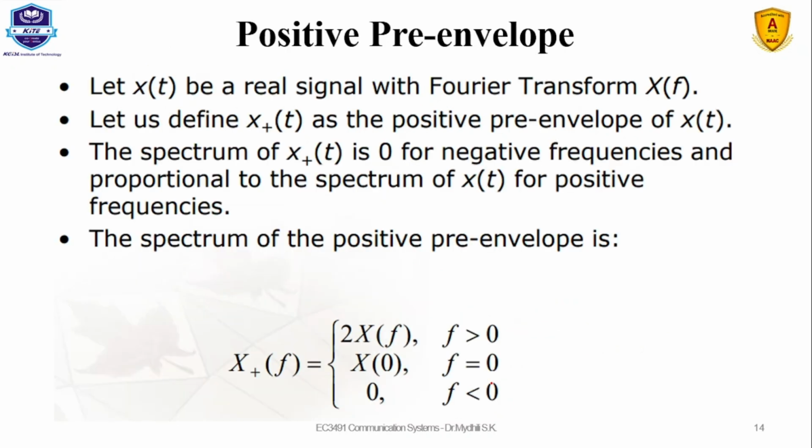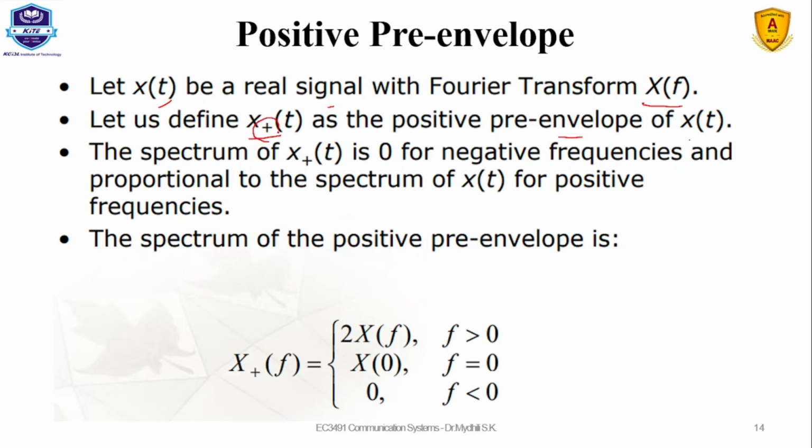What is our next topic? It is the positive pre-envelope. What is a positive pre-envelope or spectrum? We will see here. Let us consider x of t to be a real signal with the Fourier transformation x of f. So if x of t is a function, its Fourier transformation is x of f. Let us define x plus of t as the positive pre-envelope for this signal.